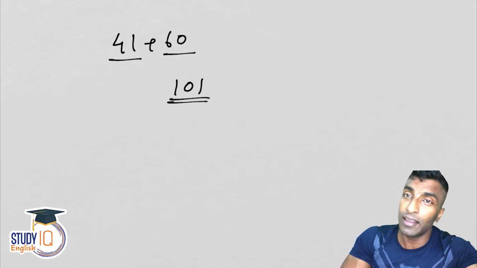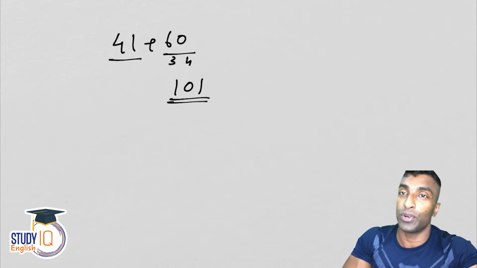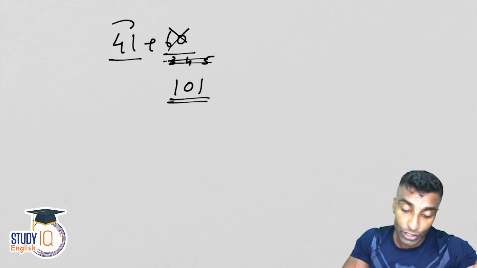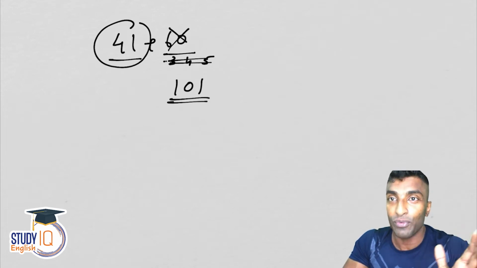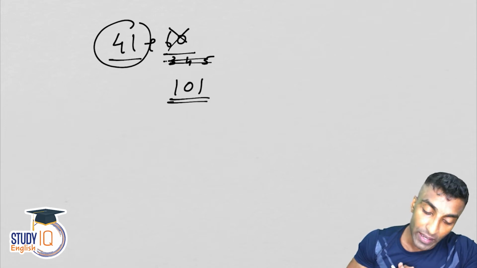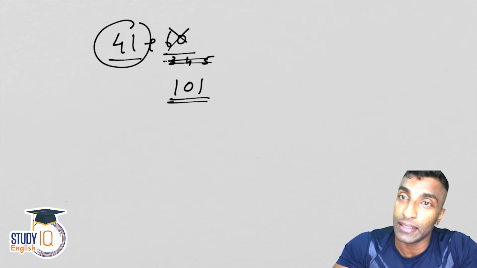And 60, when you divide by 3, 4, or 5, leaves no remainder, because 60 is a multiple of each of these. So whatever remainder you get here will remain the same. That is why adding the LCM gives you the next number.